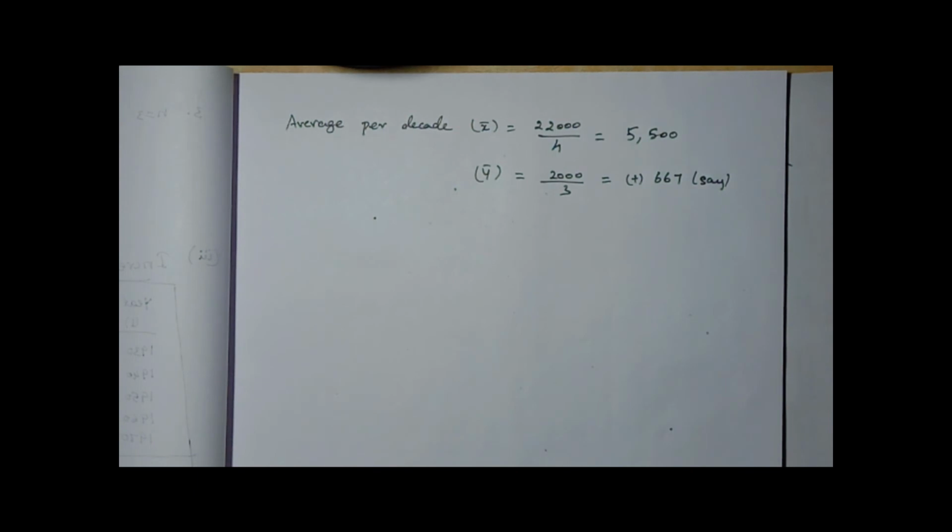So now we have to do the calculation for the arithmetic increase method and the geometric increase method, where we had a formula Pn is equal to P naught.